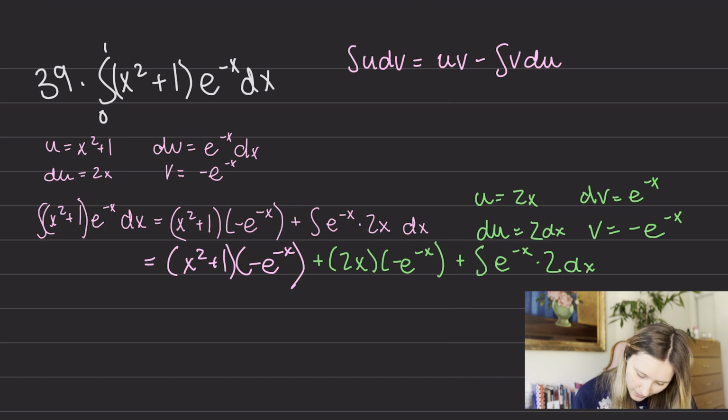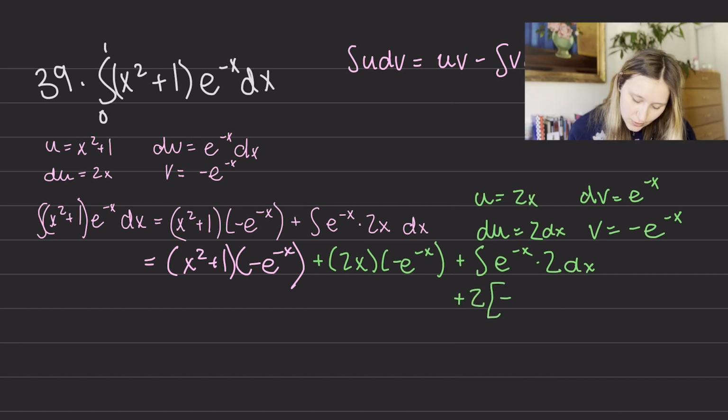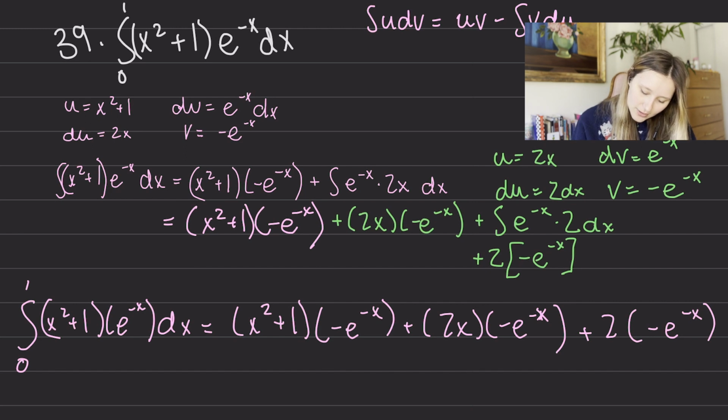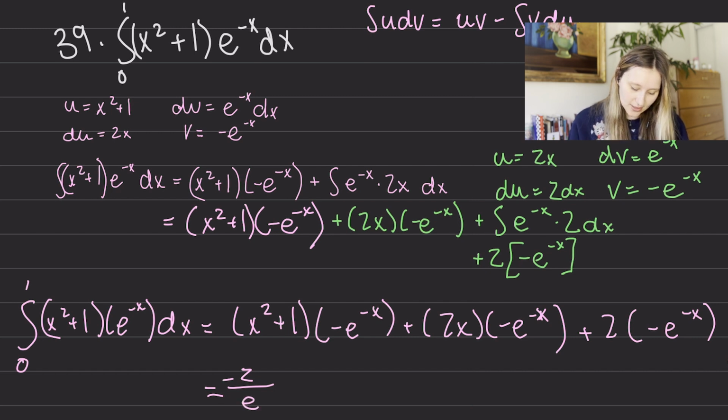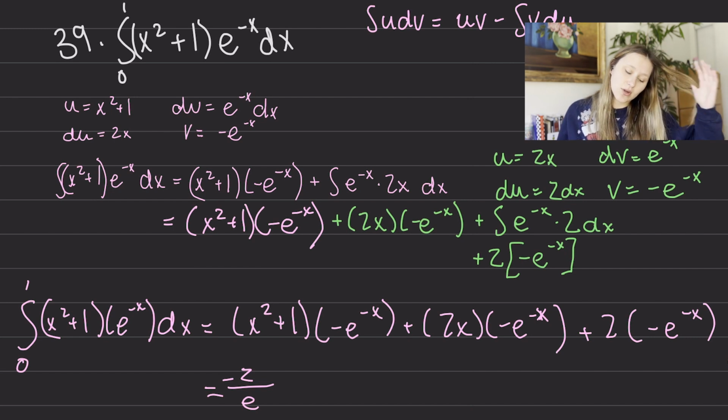This is going to be dx, by the way. And this is going to be equal to 2x times minus e to the minus x, minus 2 e to the minus x. Okay. And we're going to evaluate all of that at 1 and 0. Plugging in 1 here, we get 1 plus 1, 2 times minus e to the minus 1, which is going to be minus 2 over e, and that negative is out front because e to the minus 1 is 1 over e.